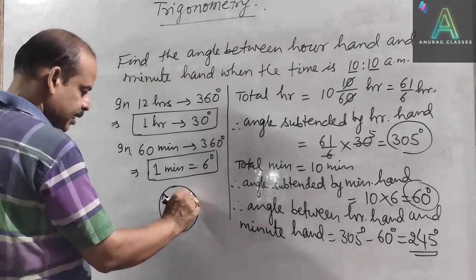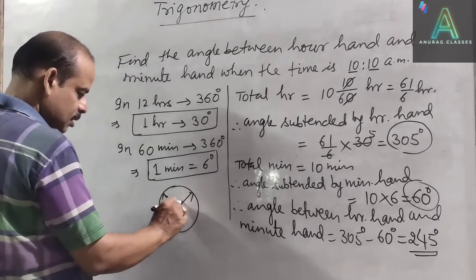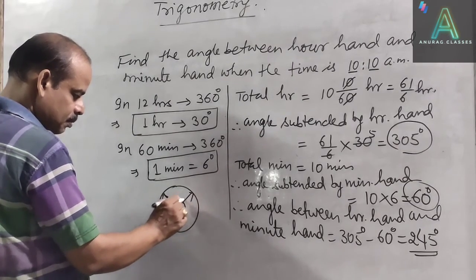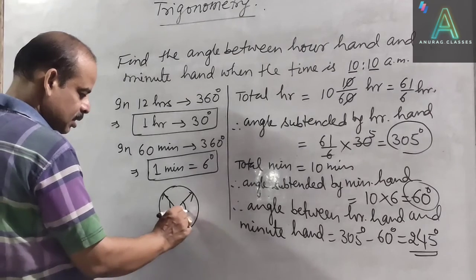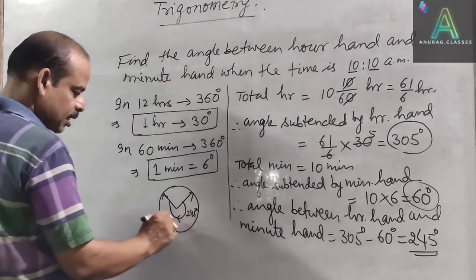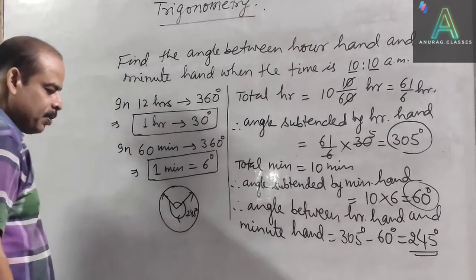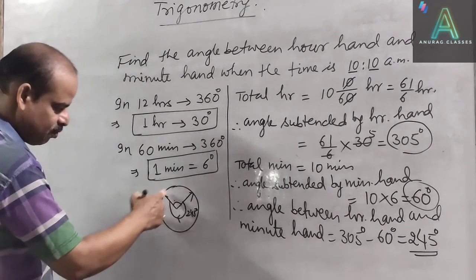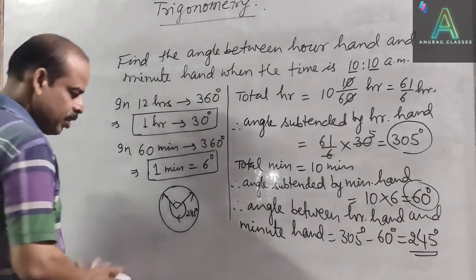Approx 10 is like this, and we have calculated the value of this angle, hour hand and minute hand, that is 245 degree. If you wish to know the minimum angle, means this angle, then you have to subtract 245 degree from 360 degree. You can do like this.